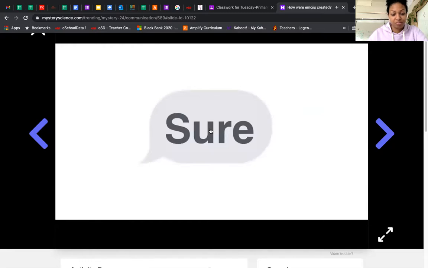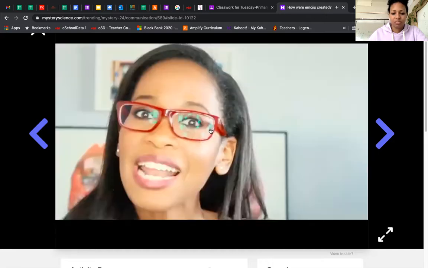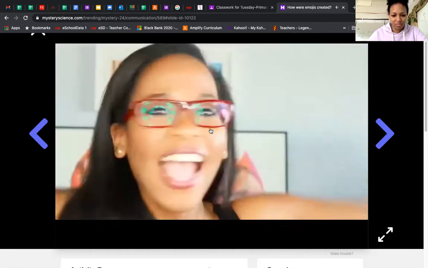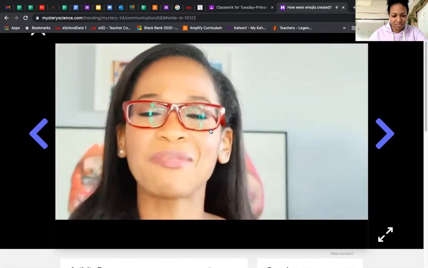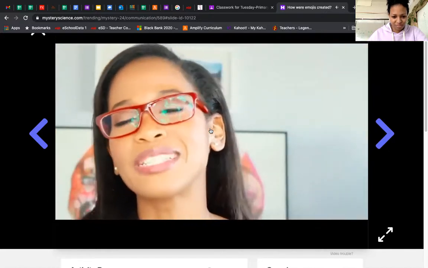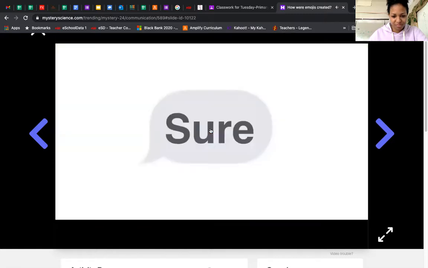Or sure, like she's not really wanting to do this? Typing or writing a message to someone, it might not be clear how that person feels. Compare that to when someone is talking to you in person. Like, you can tell here, this person is excited or happy. You can usually see and hear how excited someone is. But when you write or type something, you can't hear someone's voice and you can't see their face.